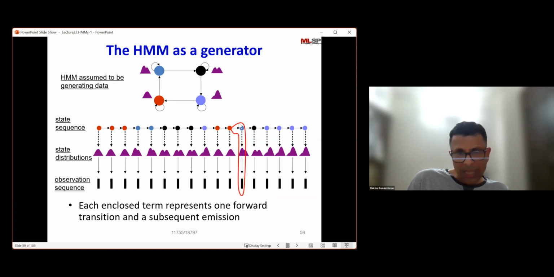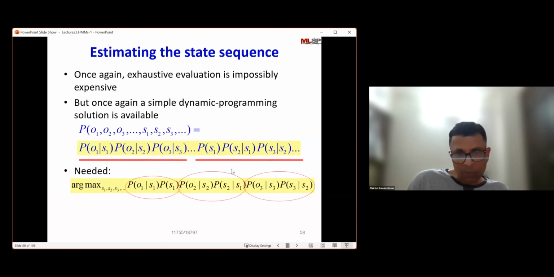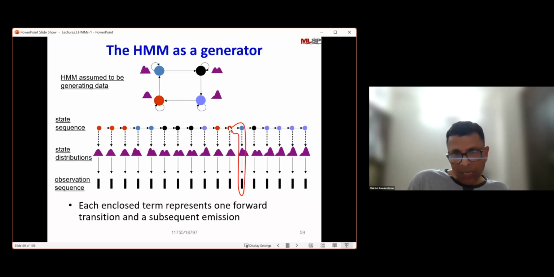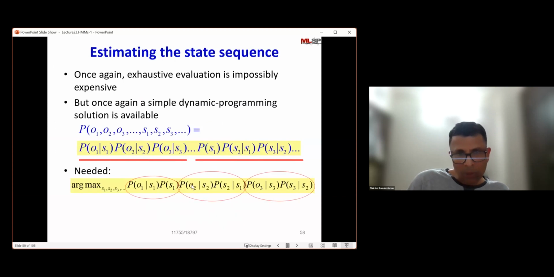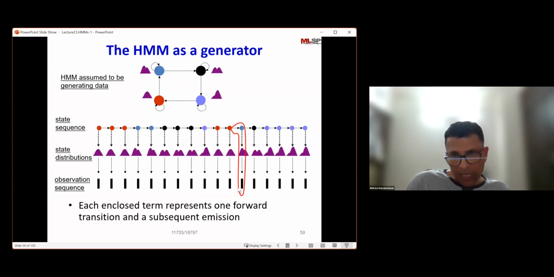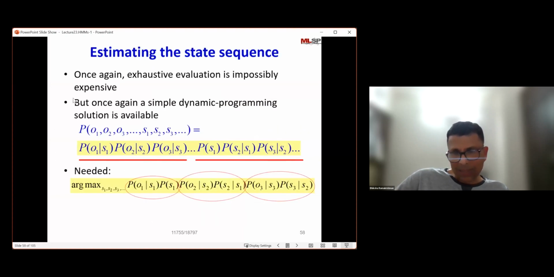So if you look at any particular column, you have to consider the arrow going into the state, and the generation of the observation from that state. And so this term over here, that's enclosed in an ellipse, captures this probability. The P of S2 given S1 is the probability of this edge, and P of O2 given S2 is the probability of this column, which shows the event of this observation being generated from this state. So did this decomposition make sense?